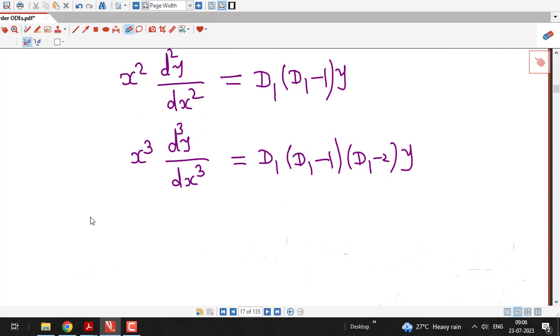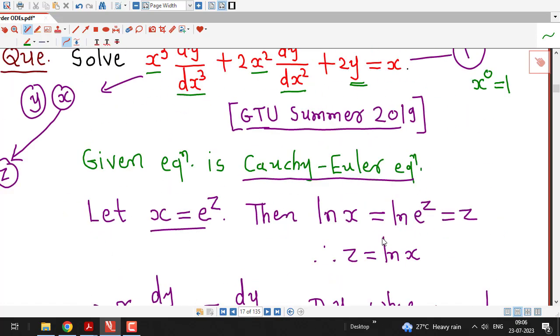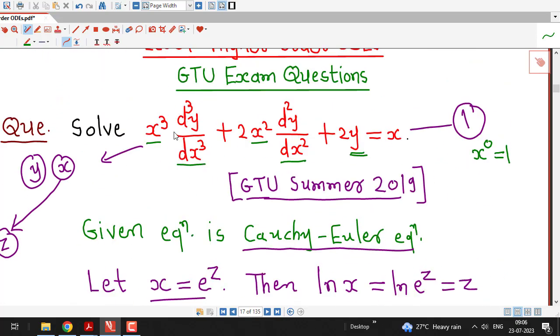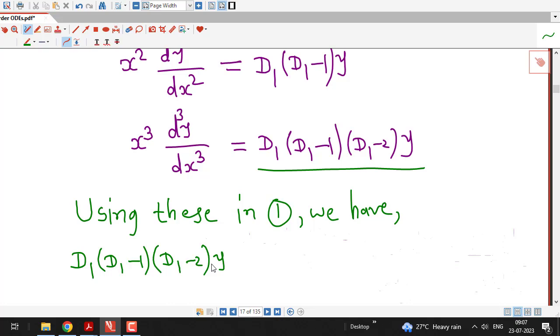So now I am using all these things in equation number 1. Our first term is x cube into third order derivative of y, that I will replace by this quantity D1 times D1 minus 1 times D1 minus 2 y.